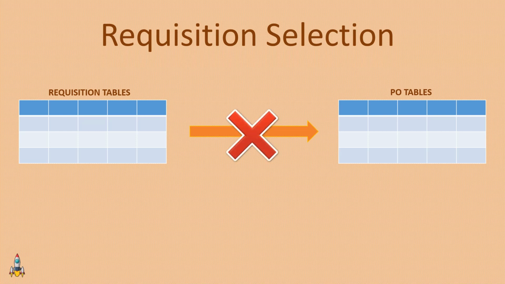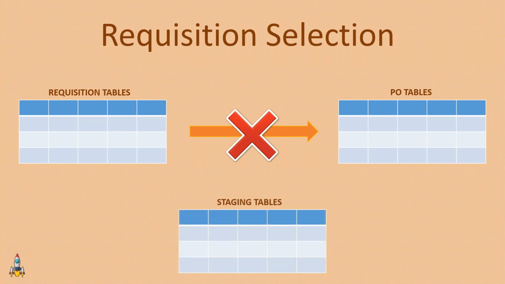The system uses something called PO staging tables. Staging table means an intermediary table or a temporary table which is used for temporary purposes to perform some calculations, and once everything is right, then from the temporary table the main PO tables are populated.